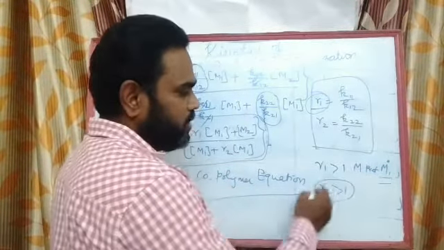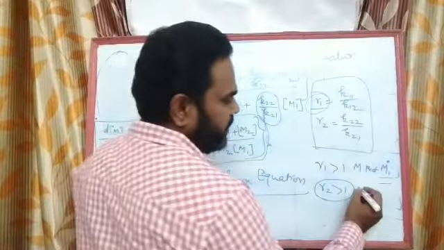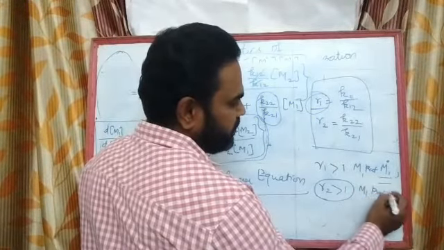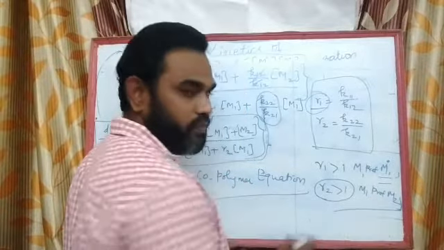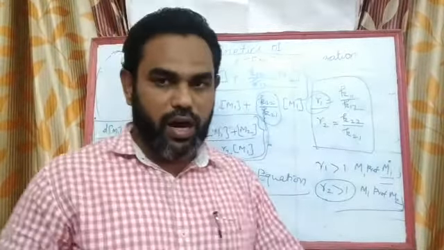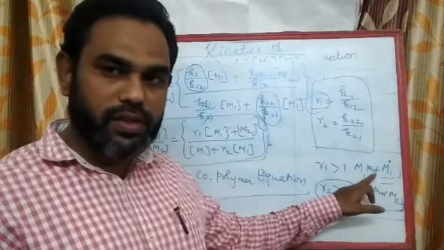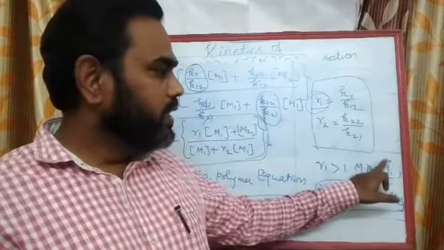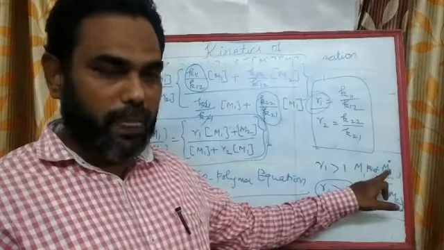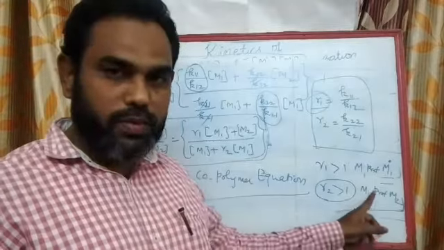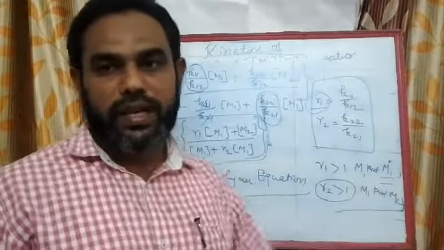If R2 is greater than 1, then M2 prefers to add to M1.